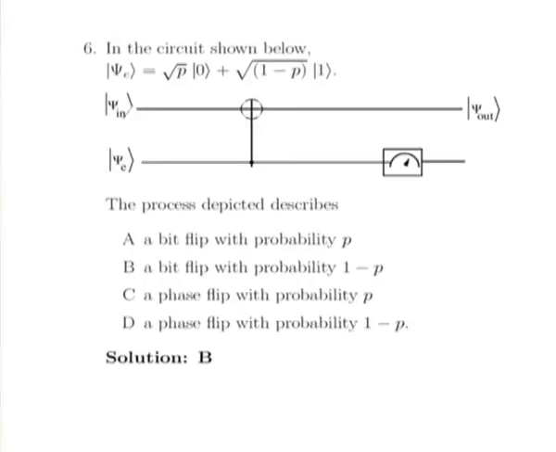So in question 6, we are given a circuit where psi e is given, and we are asked to find what the circuit is actually implementing when psi in is given and psi out is the output of the circuit.